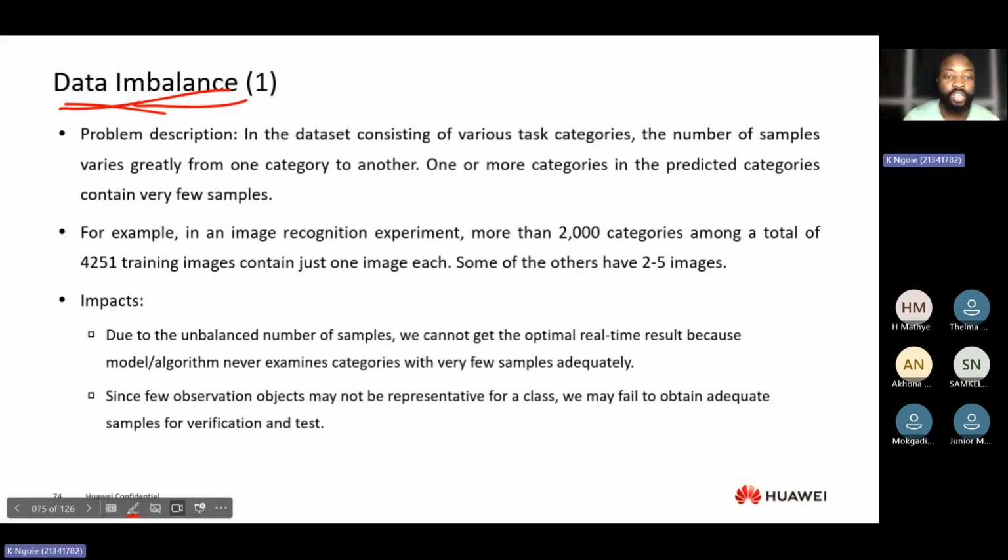If you use 5,000 pictures to determine between dogs and cats, please have at least 2,500 pictures of dogs and 2,500 pictures of cats, because data imbalance can make your classifier really biased.